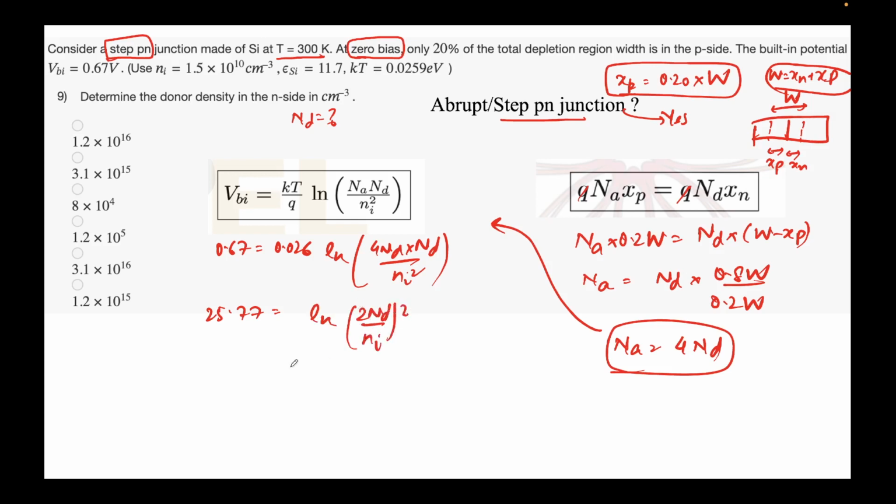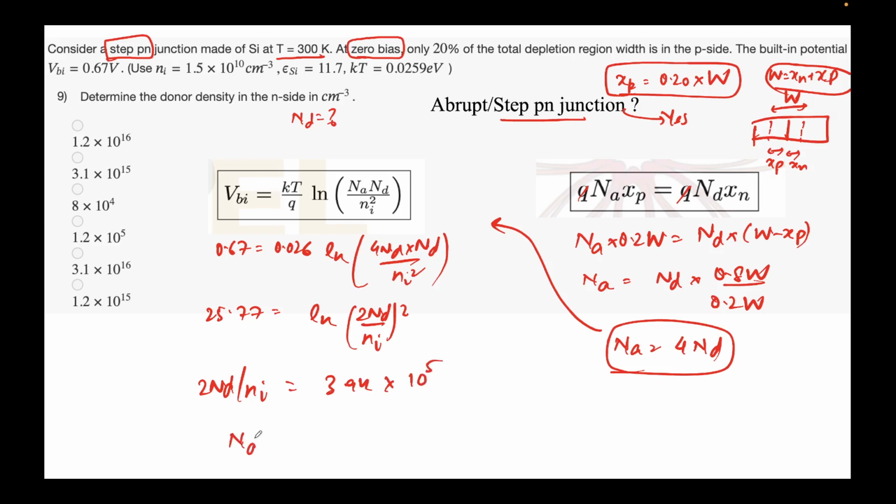So 2 will go out, and then the whole thing will turn out to be 2 Nd over ni equal to 3.94 times 10 to the power 5.